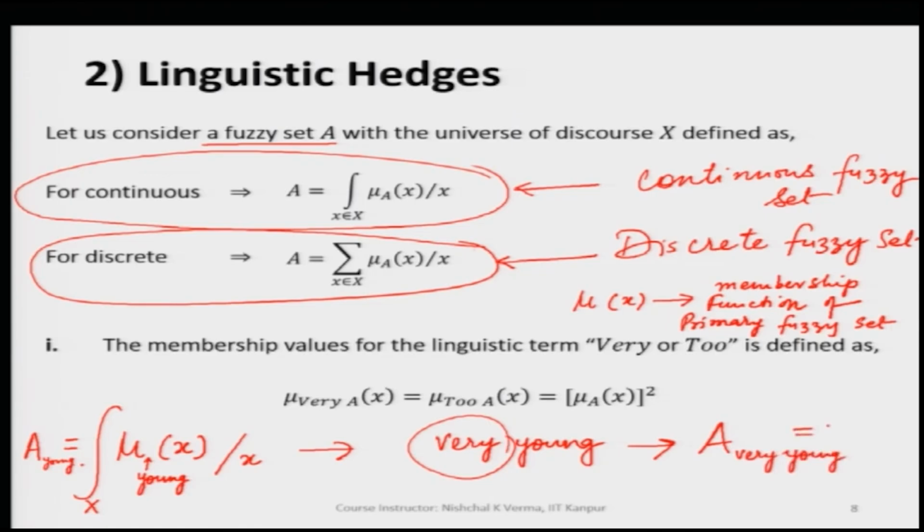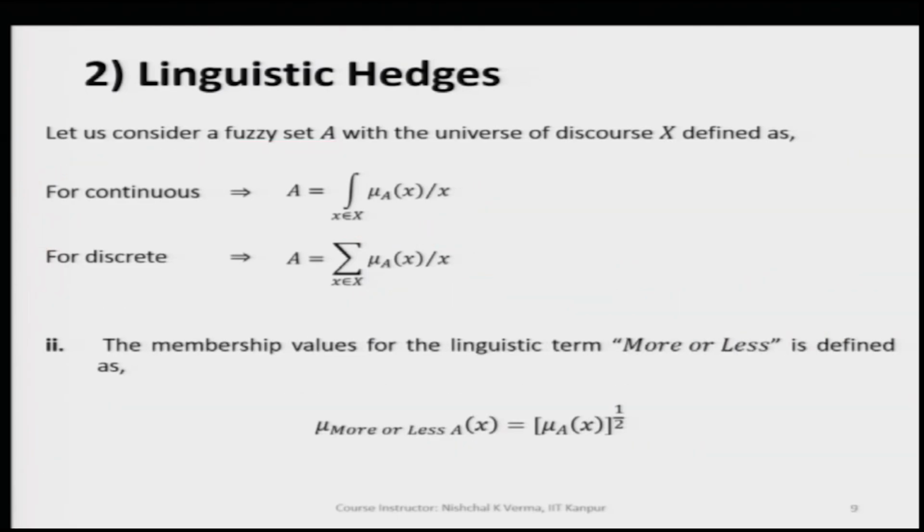It is very easy. We simply make use of the mu x that was given to us and square it, and that is it. So, mu a can be converted into mu very a very easily by just taking the square of the membership function. This way we are able to convert this into a linguistic hedge.